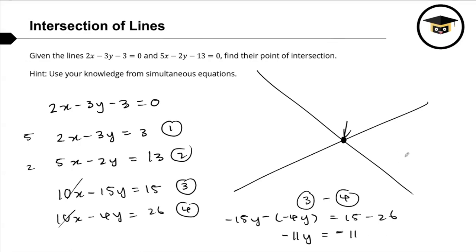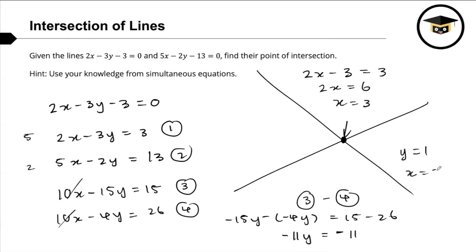So that means y is equal to 1. Using that, we can sub that into any one of these to figure out what x is. Let's sub it into equation 1. If 2x minus 3y, now remember y is 1, so it's 2x minus 3 is equal to 3. That means 2x is equal to 6, and that means x is equal to 3.